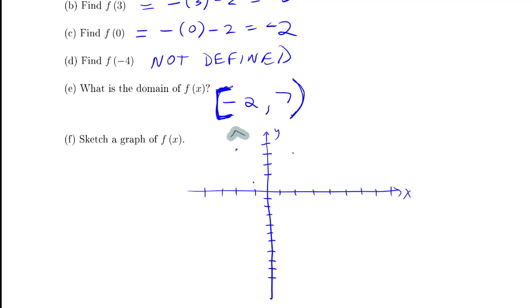So I'm going to get rid of some of this, and I'm just going to do from -2 to 0. I just want that piece. So -2, including -2, so I'll darken it, and then I'll do that same piece to 0, but I don't want 0, so I leave it open. So that is the portion.